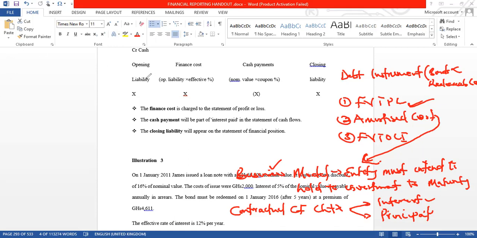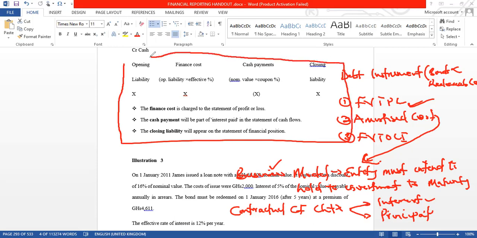So we will be preparing this table here. Your finance cost is this part. These things are cash flow items. Then this one will be your closing liability. So you take this one to SOFP, this one to P&L. These are cash flow items.